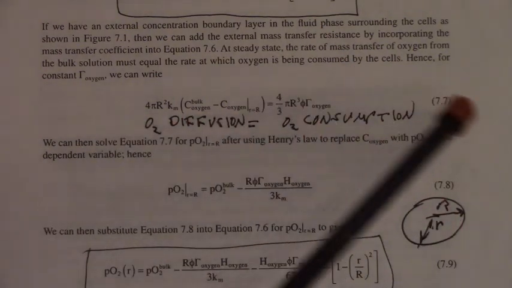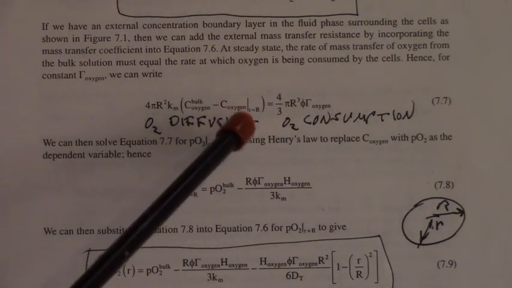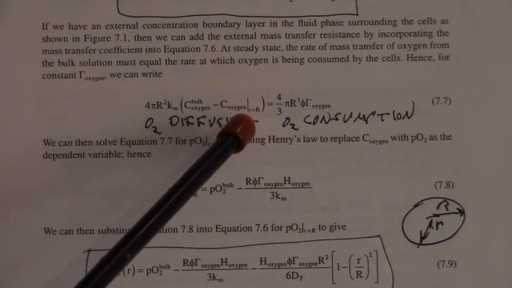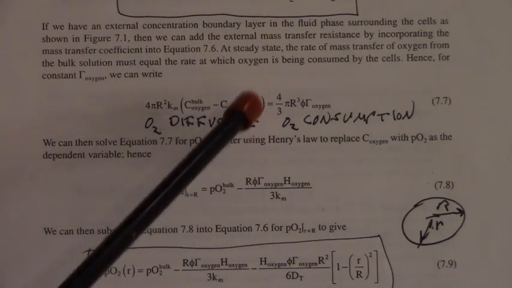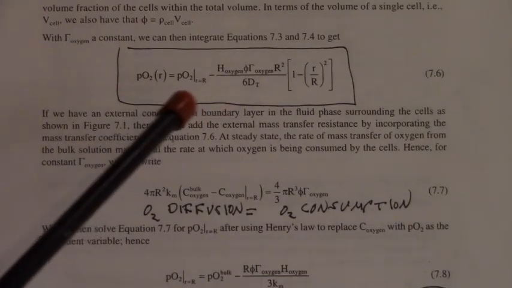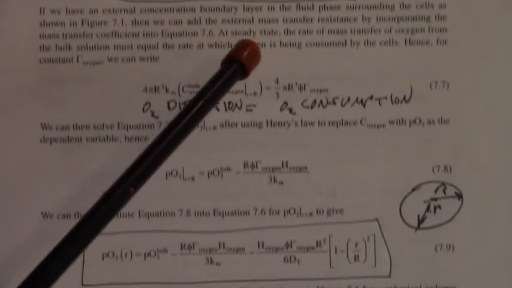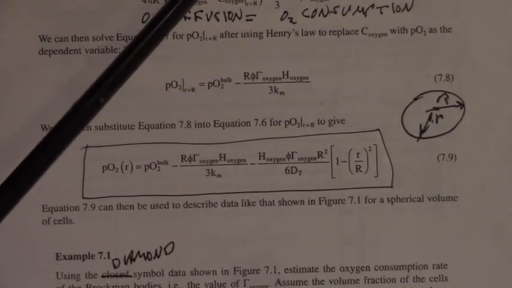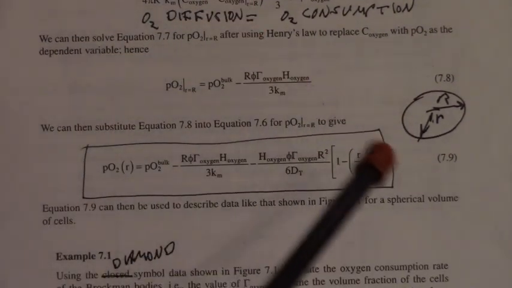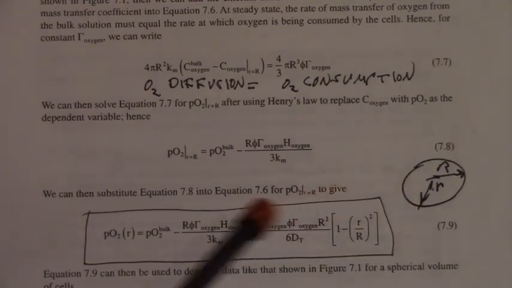So one of the things we can get from equation 7.7 is we can now solve for the oxygen concentration at the surface of the cells, and then we can put that into the equation up here, and then we'll have one big equation that describes oxygen transport in the Brockman body.